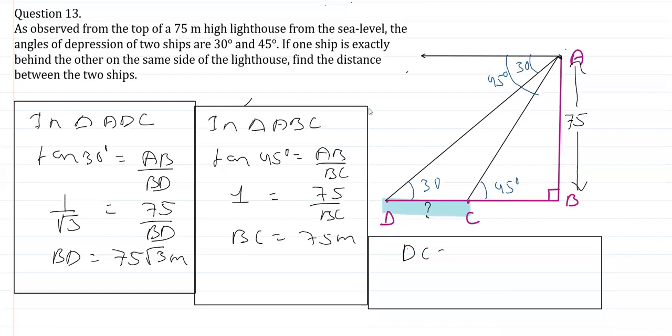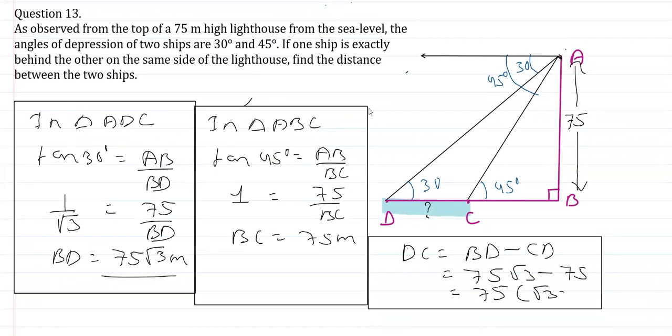The length of DC, from the figure, is BD minus BC. From this figure, you can see BD is 75 root 3 minus BC, which is 75. So you can take 75 as common. It comes out to be 75 times root 3 minus 1 meters. And that should be our final answer. This is the distance between the two ships. That is what we had to calculate.